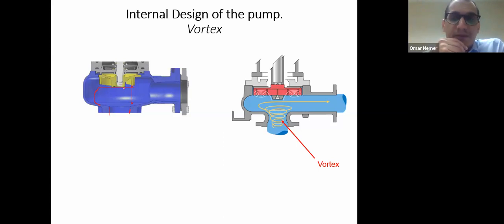This cannot help the pump to increase the efficiency. Actually, it decreases the efficiency. But for us, it's a way that helps the pump to pump the waste without clogging. So there is a penalty for this, which is lowering the efficiency.